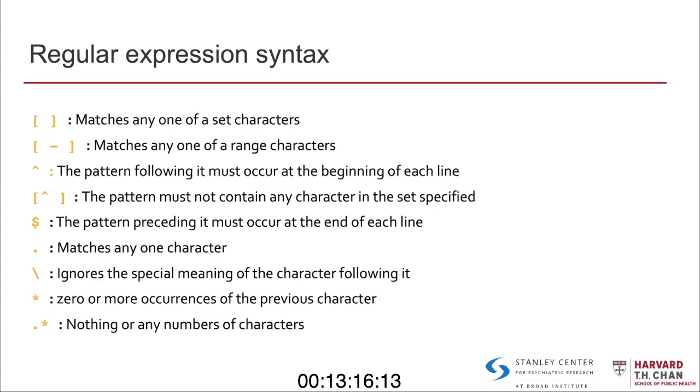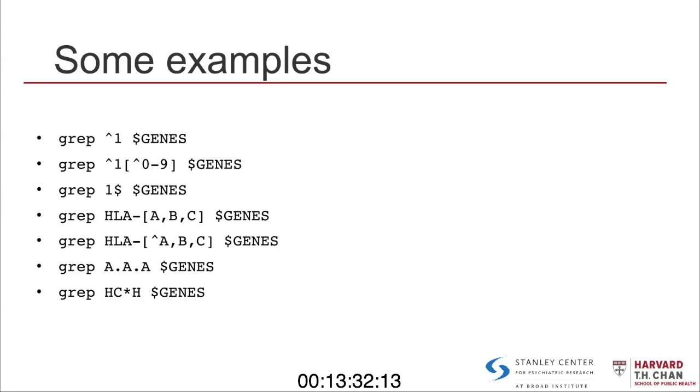So I've put here a list of the most popular regular expressions, and what you can see is that you have some regular expressions to specify some set of characters you want to keep, or some set of characters you don't want to keep. So now I'm going to illustrate the power of regular expressions using the grep function on our file that contains information about genes.